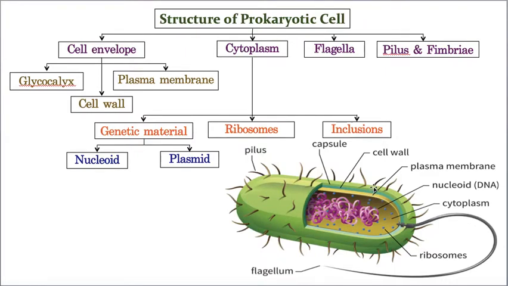So the upper green layer is glycocalyx, plus the middle blue colored cell wall, plus the innermost golden yellow colored layer, the plasma membrane, and these three together are called the cell envelope. Students, this is just an image. Don't think that these are all present in these colors. Usually bacterial cells don't have proper colors.